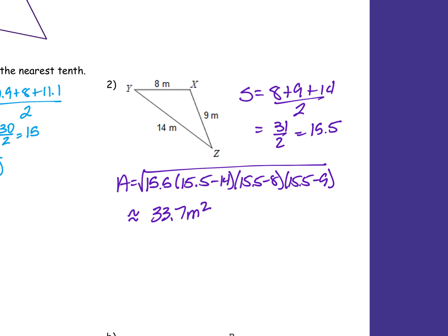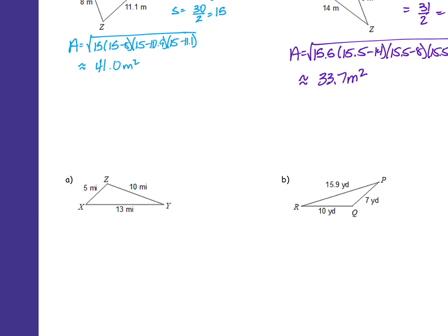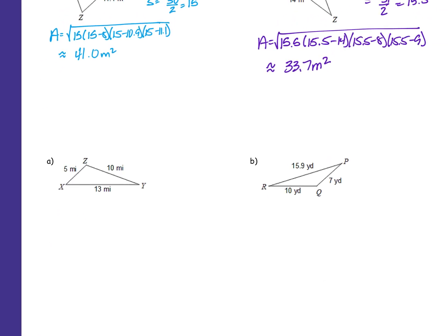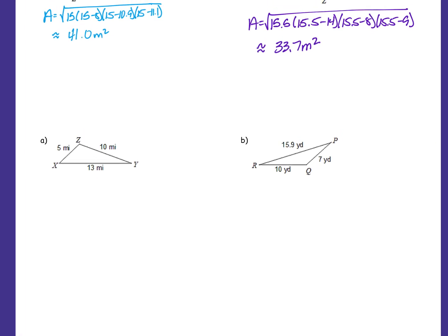Okay, so now let's have you guys try the next two. So S is going to be 5 plus 10 plus 13 divided by 2, which is 28 divided by 2, or 14.